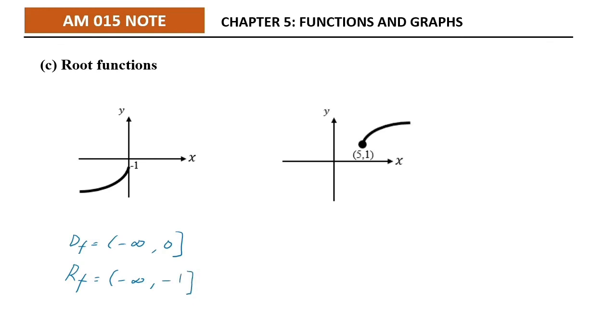Next example, (5, 1). Again, domain of f starts from starting point 5 and goes to the right, infinity, and for range, the lowest value of the graph is 1, so range starts from 1 and goes up, so up to infinity.